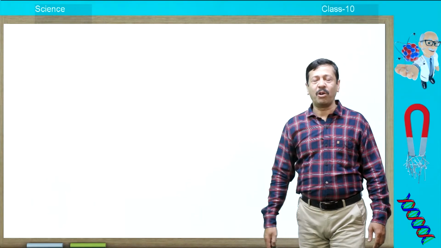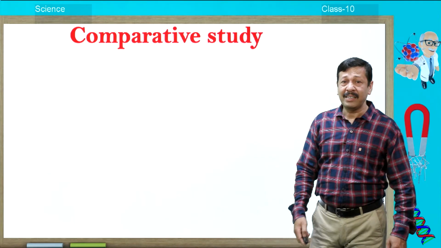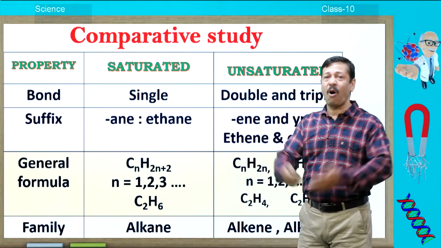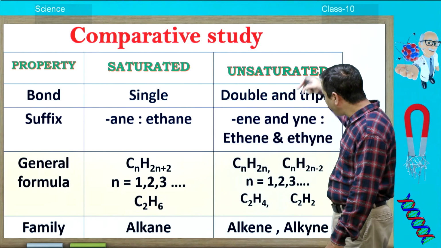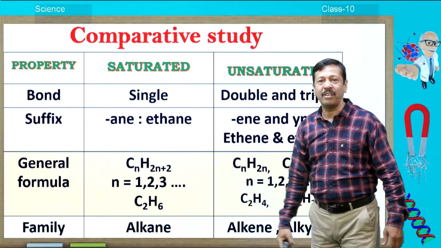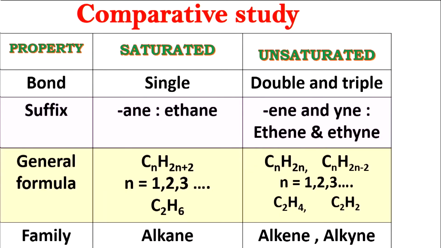Now, let us move on to the next one, that is the comparative study of saturated and unsaturated hydrocarbons. First property is the bonding. Saturated hydrocarbons have only single bonds, unsaturated ones have double and triple bonds. Next one, suffix.